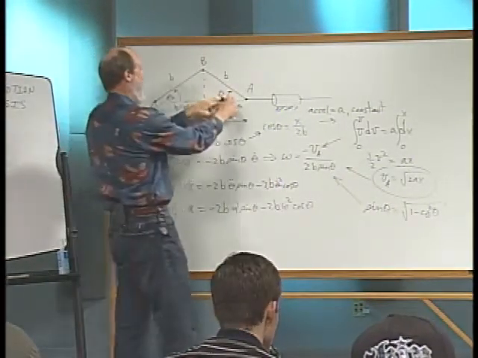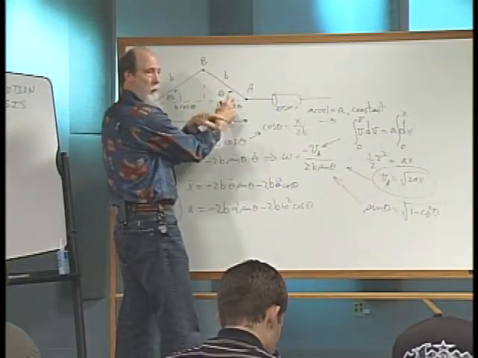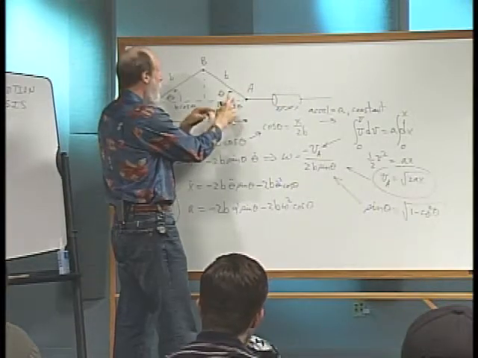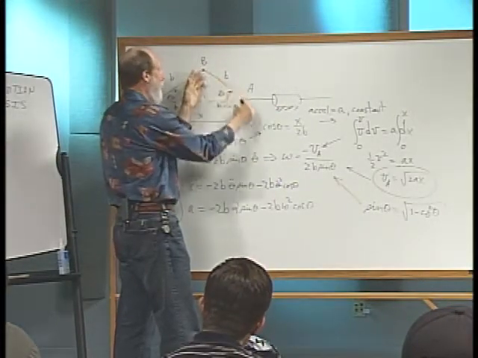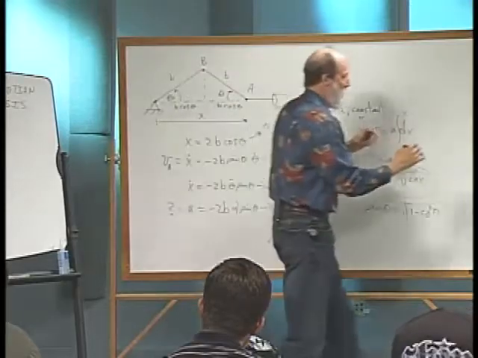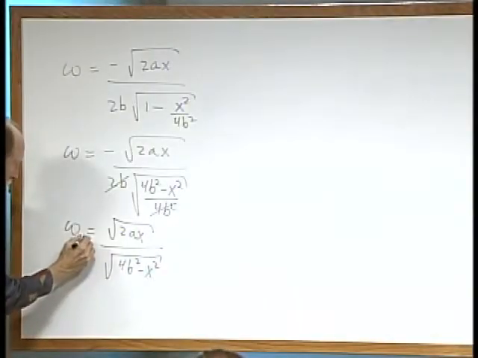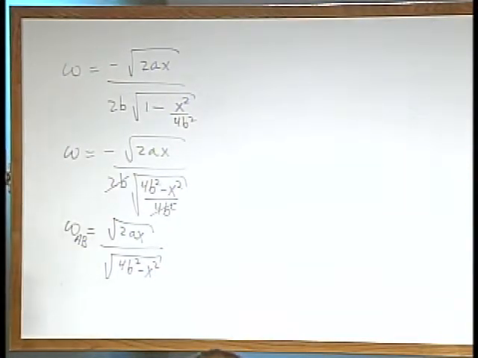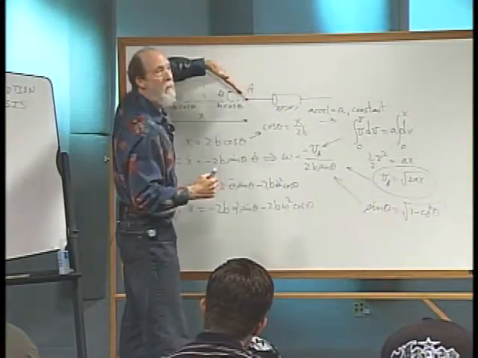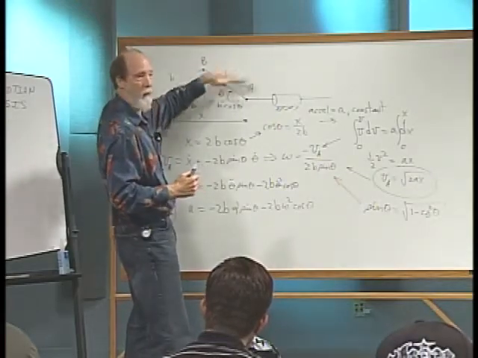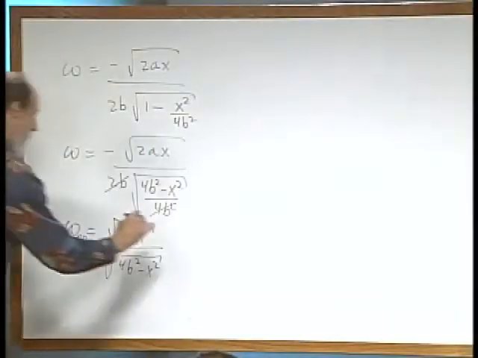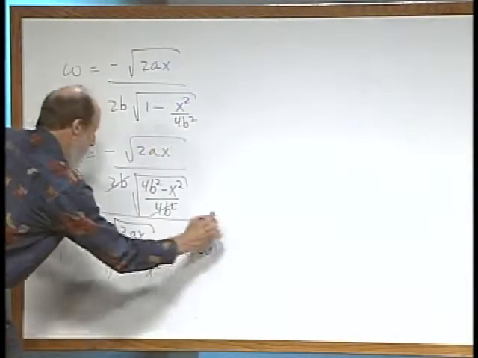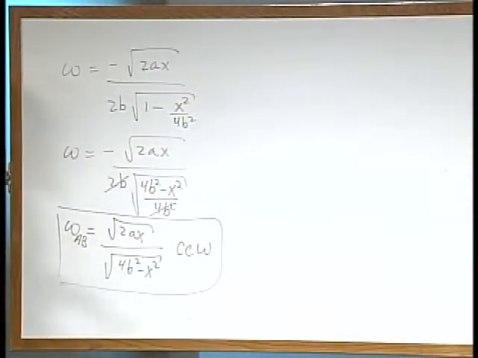This angle is collapsing, so indeed our negative was appropriate for the theta dot, or our omega. But what we could do is simply say that this arm, AB, has an angular velocity of this value, and it is rotating counterclockwise. So we would just assign a CCW onto that answer, which they did not do in the book.